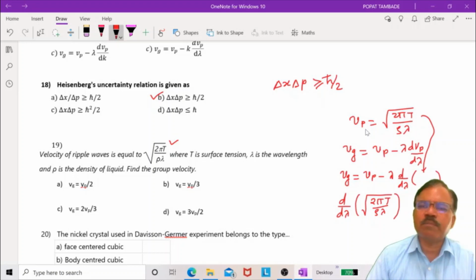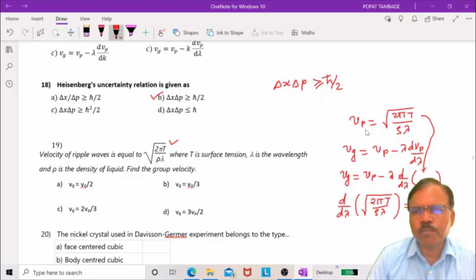Now 2 pi t upon rho is constant, so I can take that out. So root of 2 pi t upon rho is taken out, and d by d lambda of 1 upon root lambda.